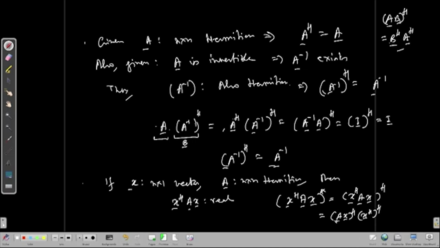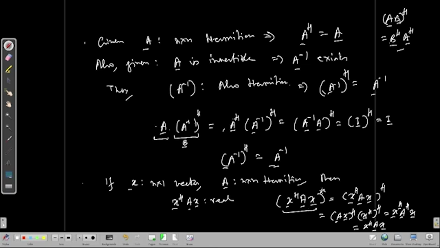And here again (AB)^H is B^H A^H. So it will be x^H A^H, and here it is x. But A is given to be Hermitian. So A^H is the same as A, which gives x^H A x. So that is what this is.